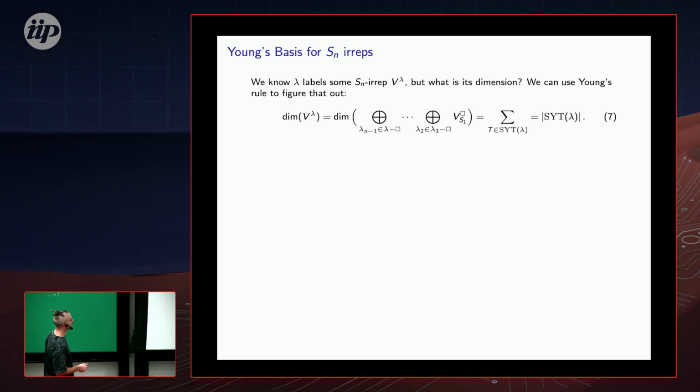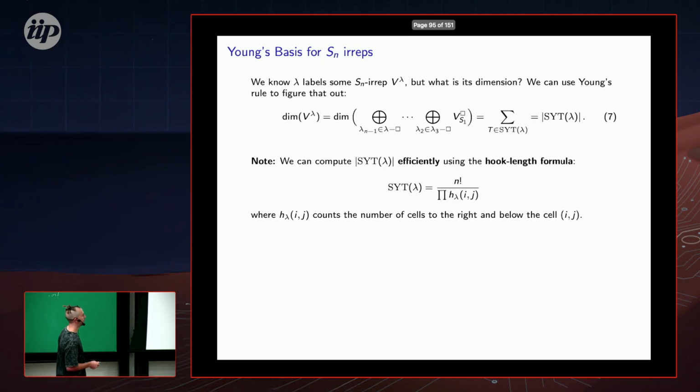So the dimension is just the number of paths. And you can literally associate each path with a unique basis element of the irreducible representation. I'm saying there's an efficient formula to evaluate the number of paths. Super cool. This is not true in general.